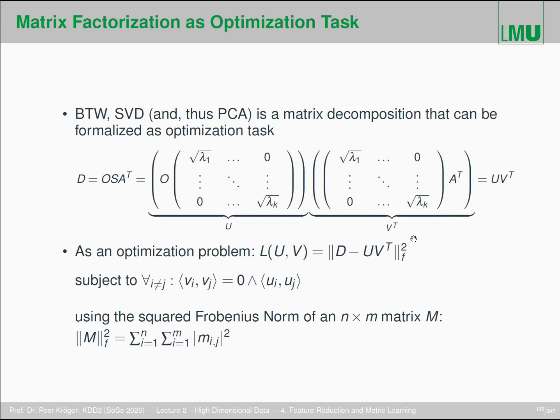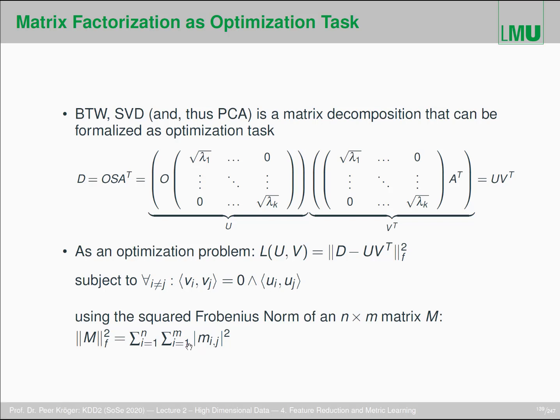Yeah, and now you can formalize, as I told you before, the decomposition like SVD or PCA as the problem to solve or to optimize this Frobenius norm here, the squared Frobenius norm of an n times m matrix.